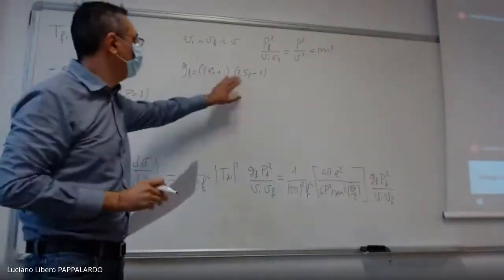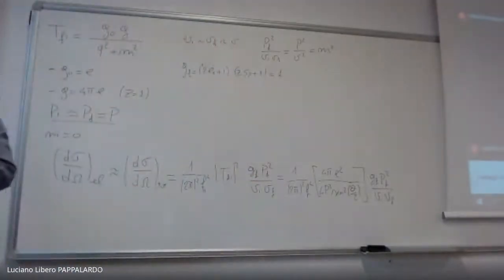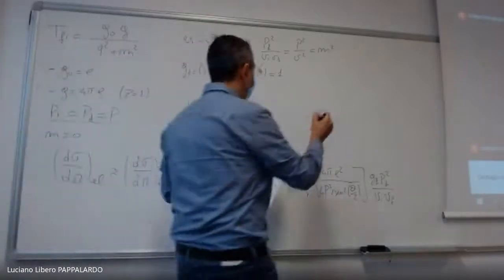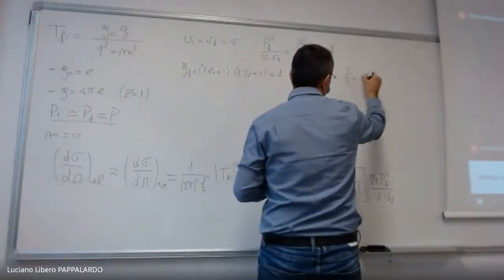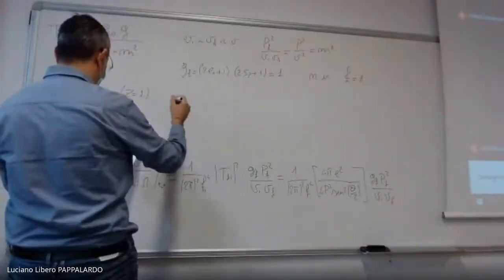So this is 0, this is 0, this is just 1. Of course, we will introduce the spin in a second step. And then lastly, we work in natural units, so we have h bar equal to 1. And so we can write down our expression.